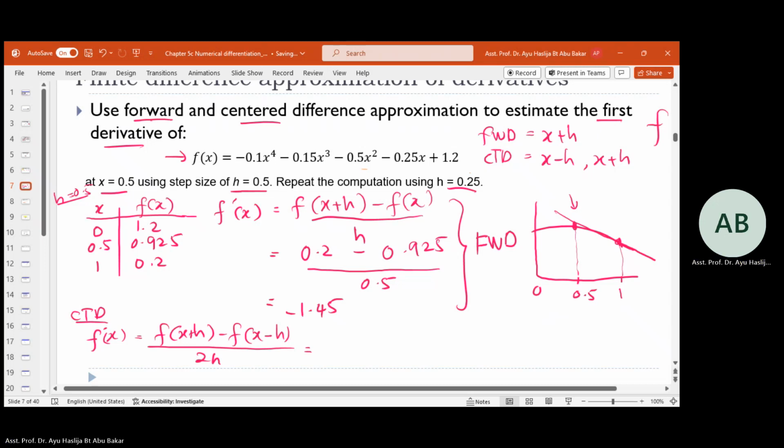Now try to find backward: fx minus fx minus h. If let's say backward, you will need fx minus h.